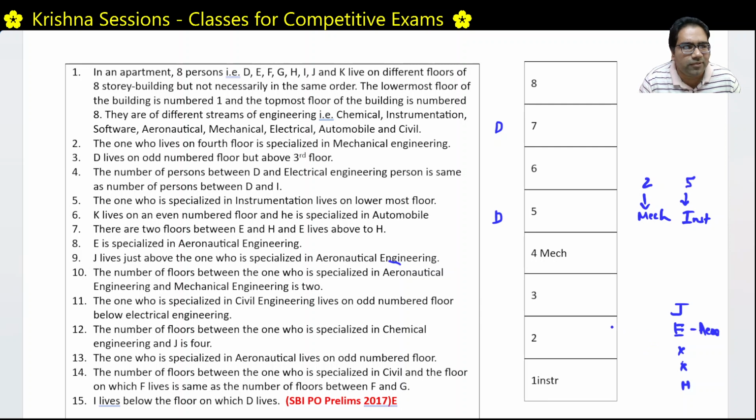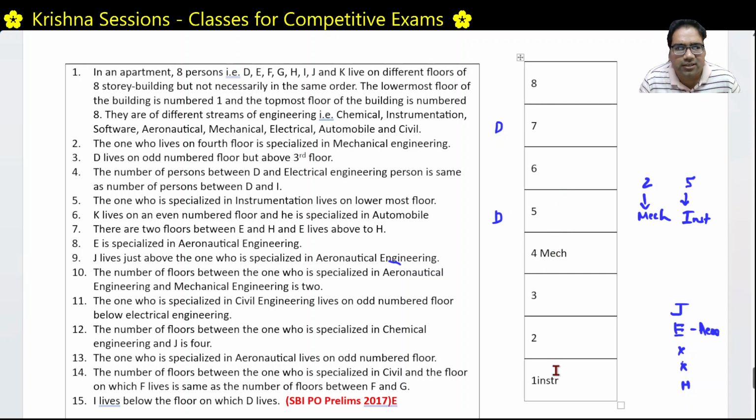The number of floors between the one who is specialized in aeronautical and mechanical engineering is 2. If this guy is mechanical, between mechanical and aeronautical there have to be two places. This cannot be aeronautical because this is already instrumentation. So there should be two places between aeronautical and mechanical.